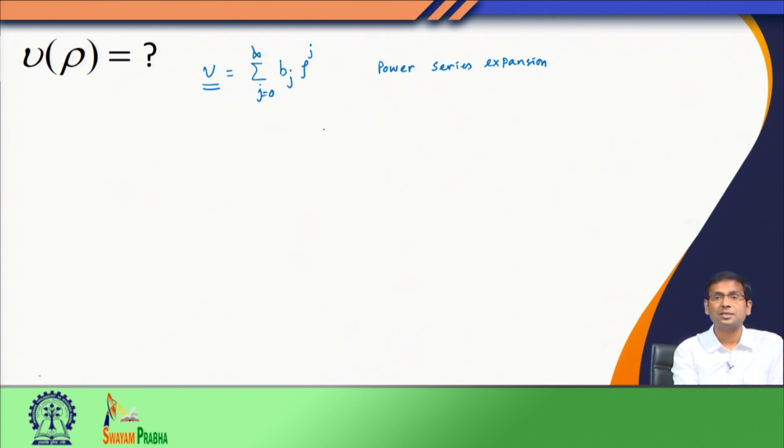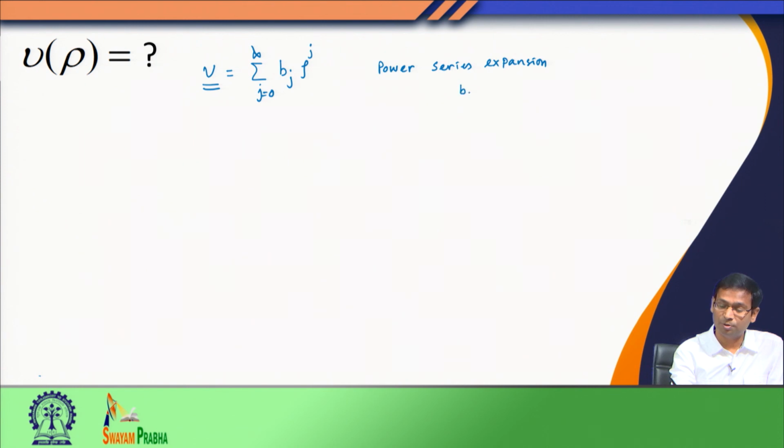The advantage of this power series is that if you see the first term, this is rho to the power j. When j is 0, this is rho to the power 0, so, therefore, 1. When j is 1, this is simply rho, when j is 2, this is rho square. So, I am expressing this function v as a sum of polynomial terms, where I can have rho to the power 1, rho to the power 2, rho to the power 3 and so on and so forth.